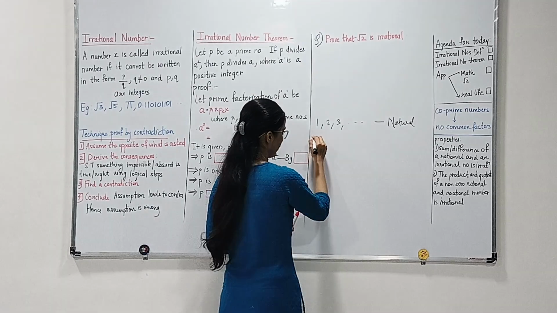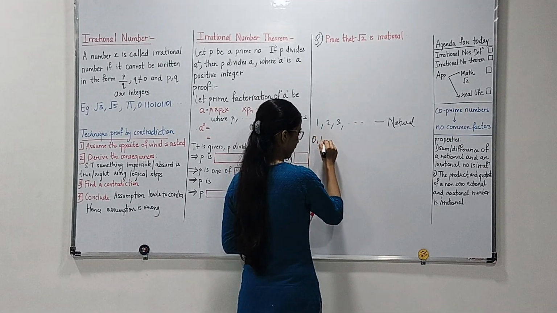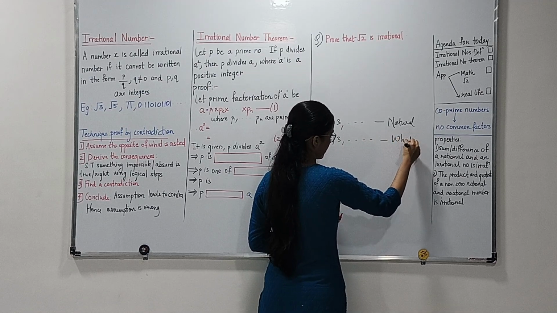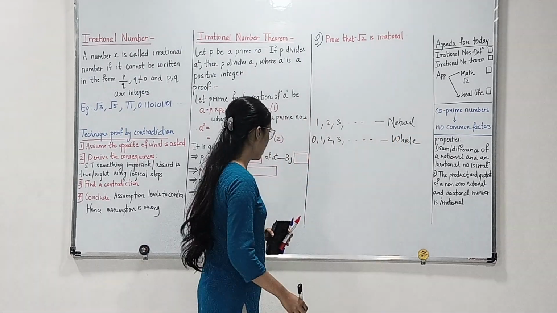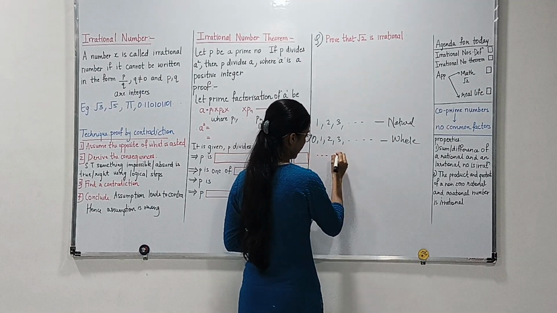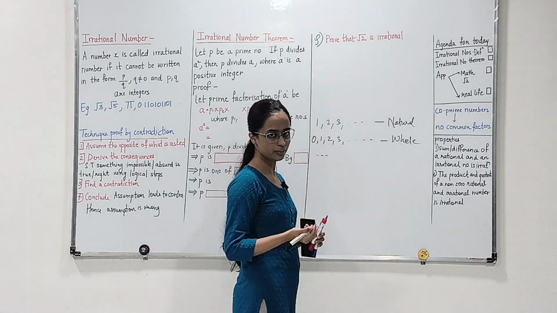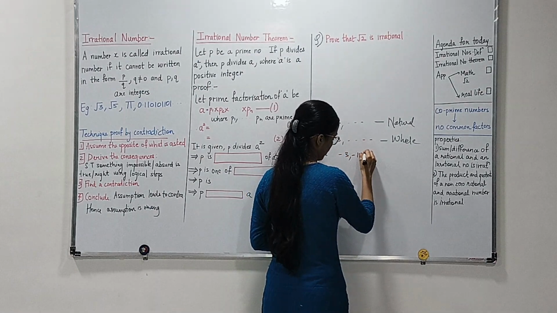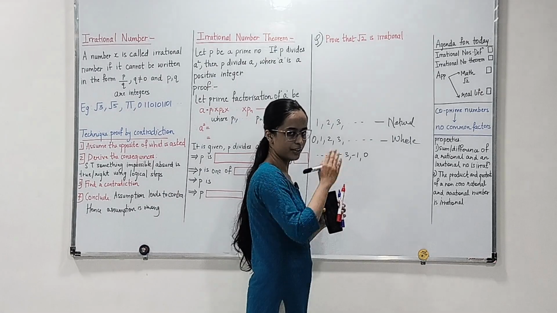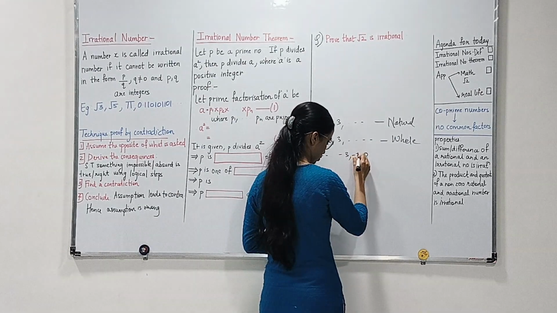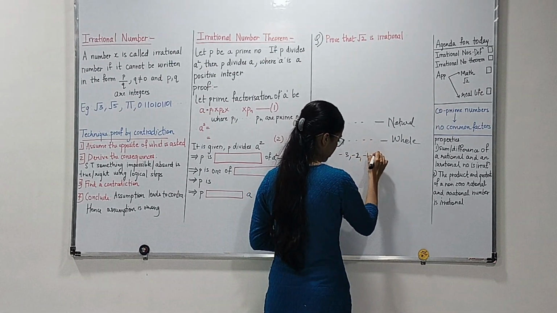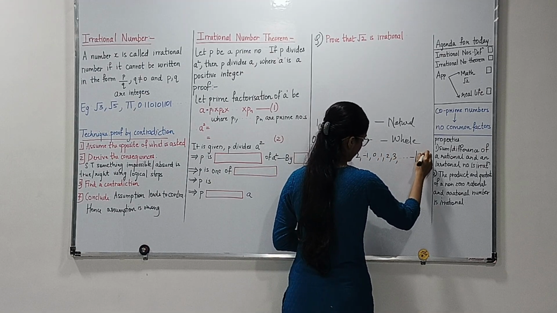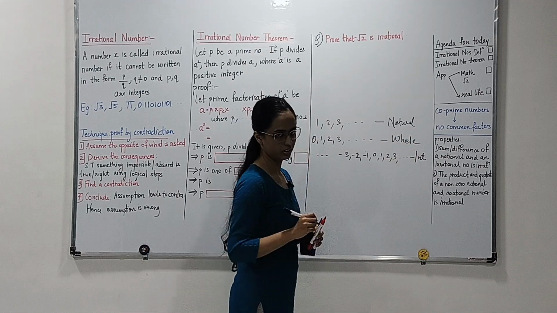Then when we include 0 to this set, that is 0, 1, 2 and 3, this set is called the whole number set. Then if we include the negative integers and the positive integers, that is, from 0 towards the left side, minus 1, minus 2, and so on, we get minus 2, minus 1, 0, 1, 2, 3 and so on. So this is the set of integers.